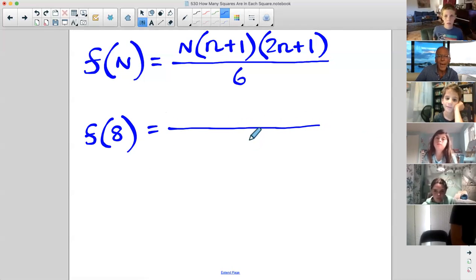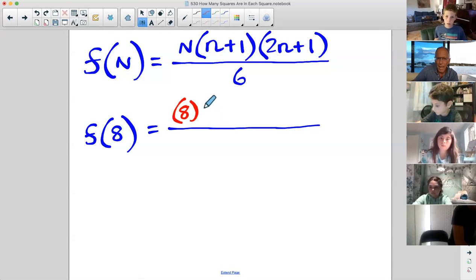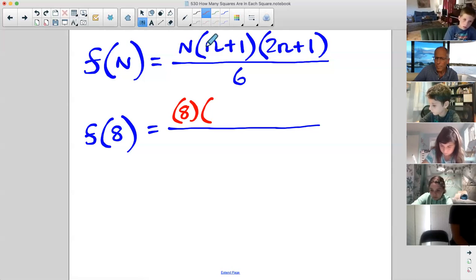Can I ask everybody to substitute, wherever you see an n, an 8. So the way it should read is 8 times, well, what's 8 plus 1? Come on, what's 8 plus 1? 9.